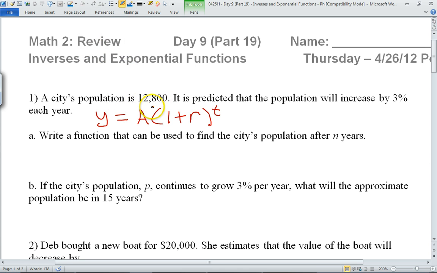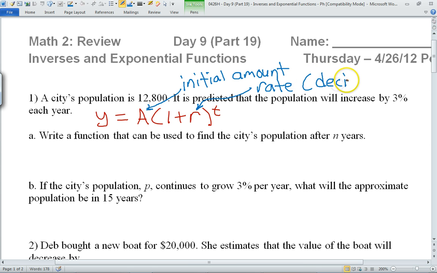Remember, of course, a is the initial amount. r is the rate. It has to be written as a decimal. And t is time in years.